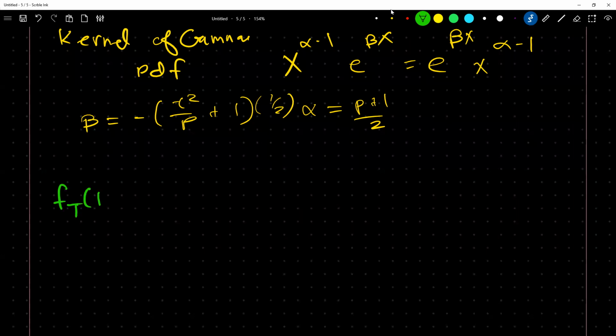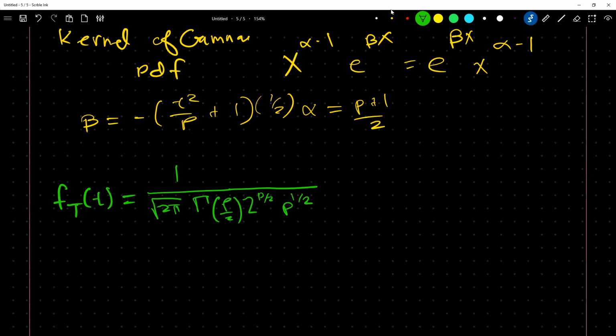So the probability density function of the t distribution will look like this. We're going to have 1 over the square root of 2 pi, multiplied by gamma of p over 2 times 2 to the p over 2, and then we have the square root of p.